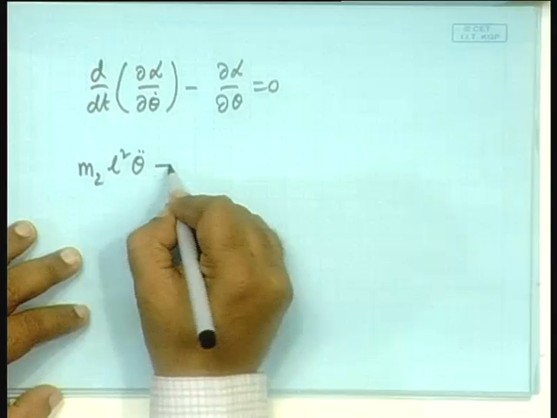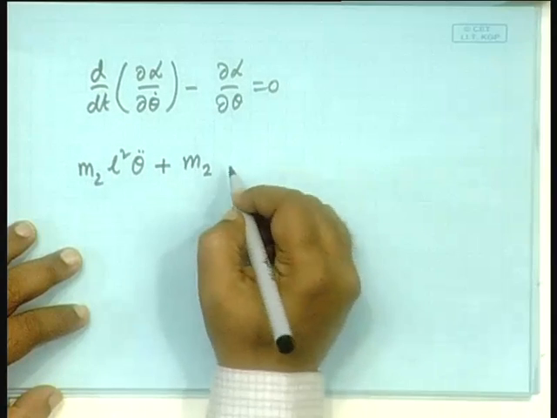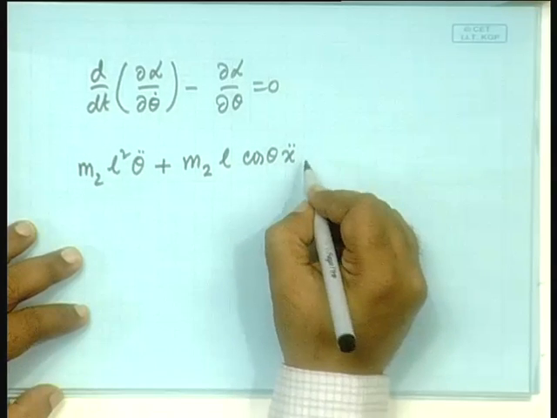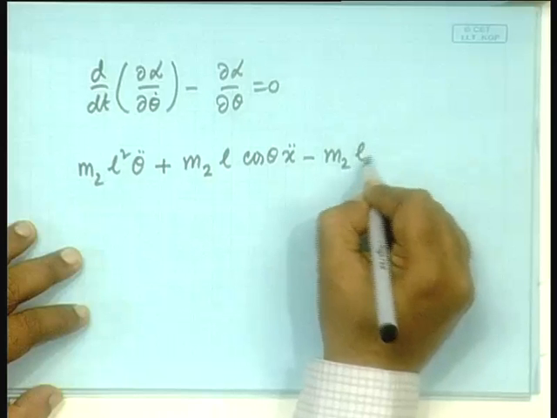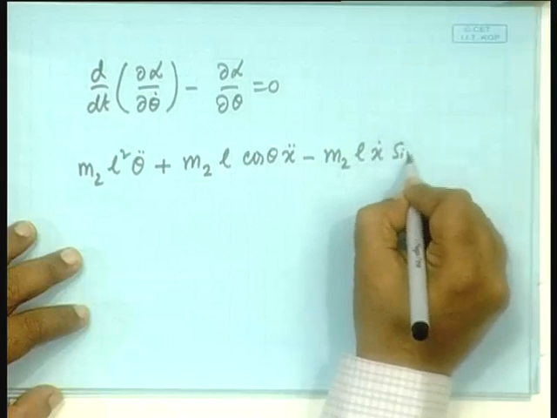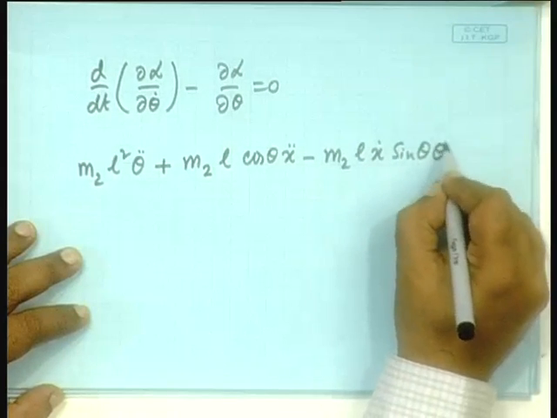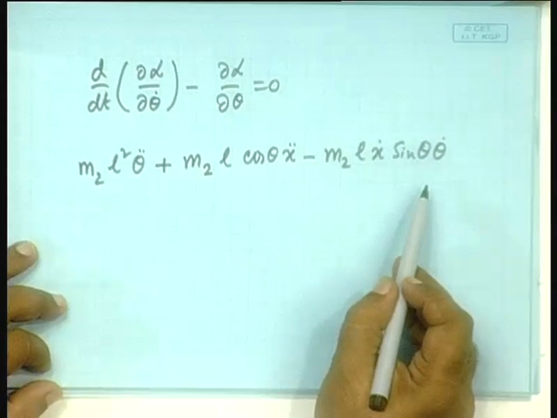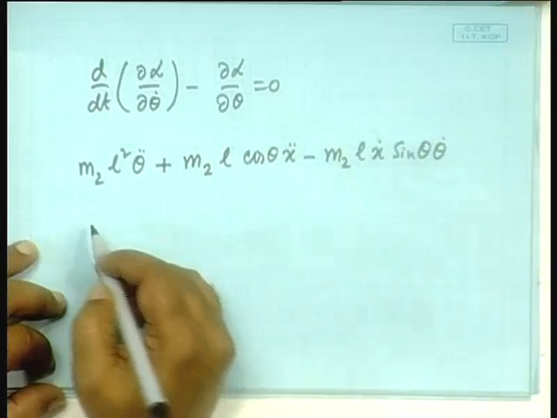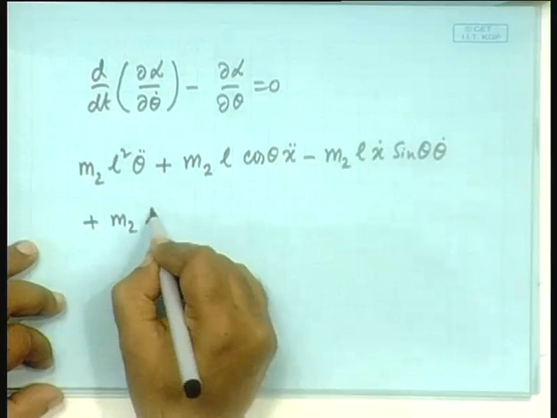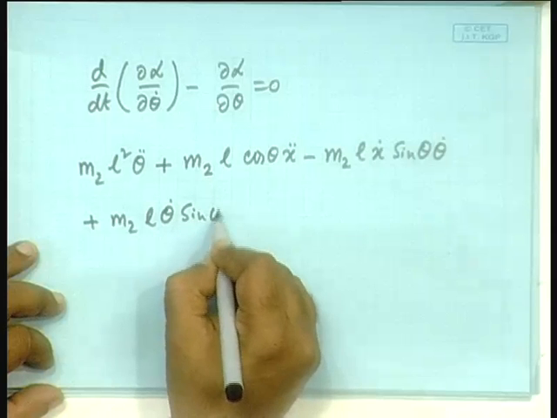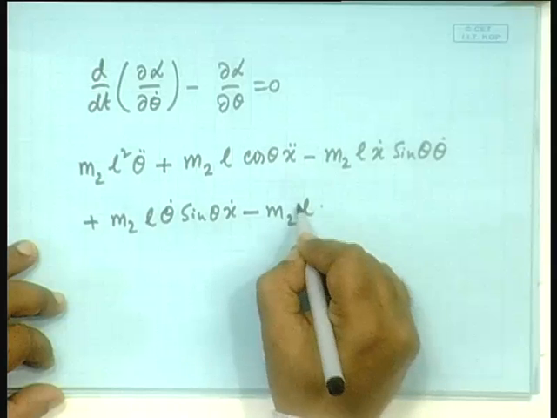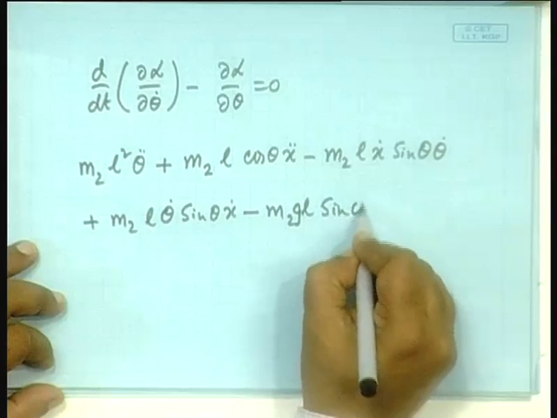Next term we will have a problem, plus m2 L cos theta x double dot minus m2 L x dot sin theta theta dot, then plus this one, so plus m2 L theta dot sin theta x dot minus m2 g L sin theta equal to 0.